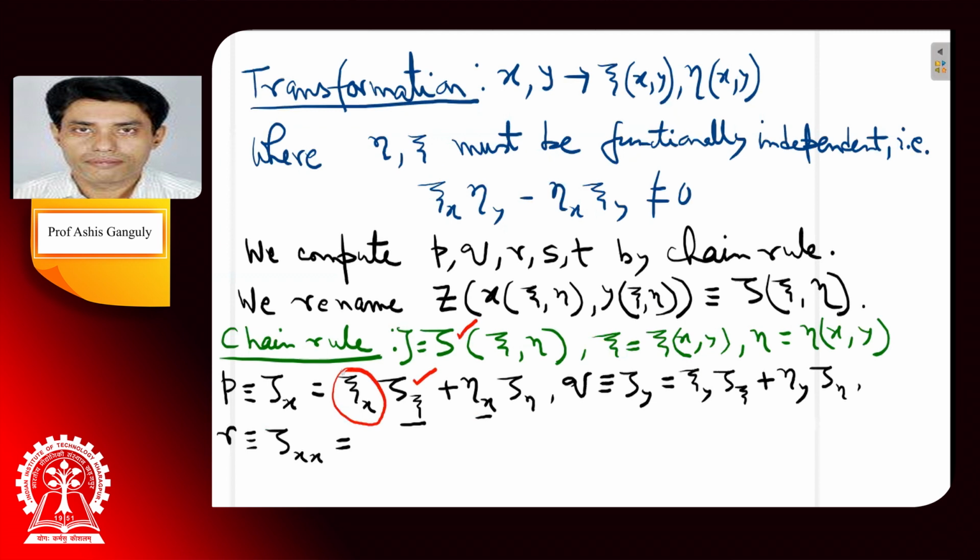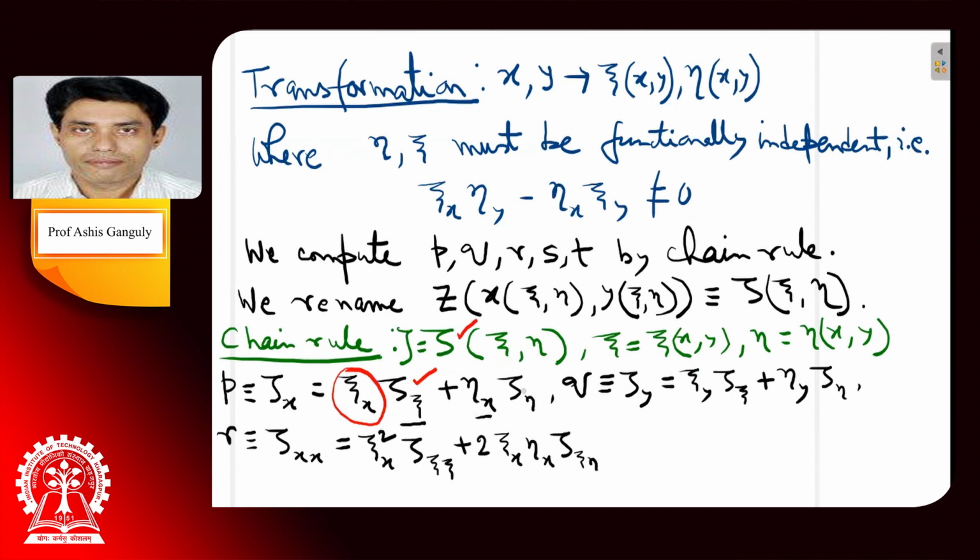So I am writing for second order: xi x square zeta xi xi, plus twice xi x eta x zeta xi eta. I will explain why the factor 2 appears here. Now, another term will be there, I will write later.